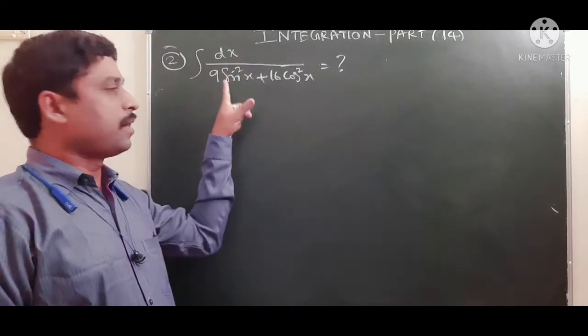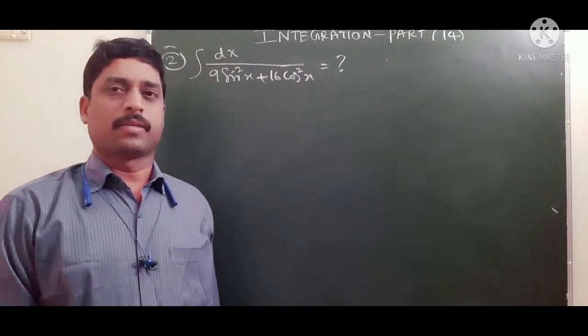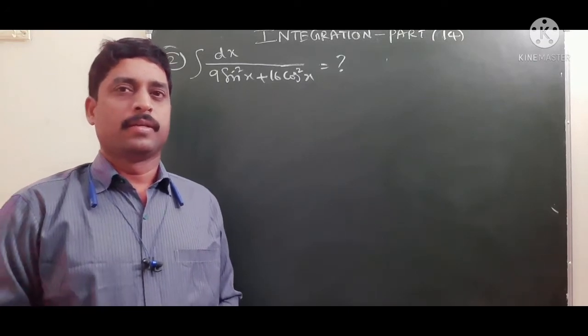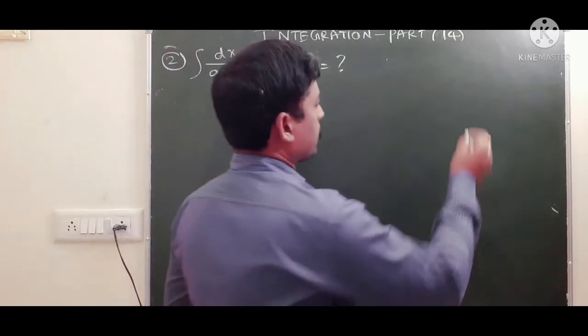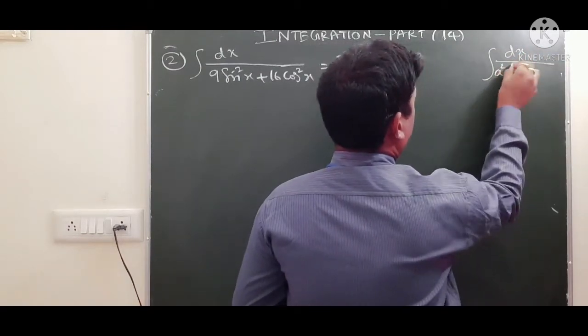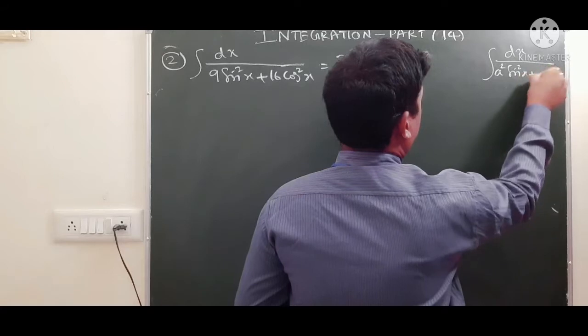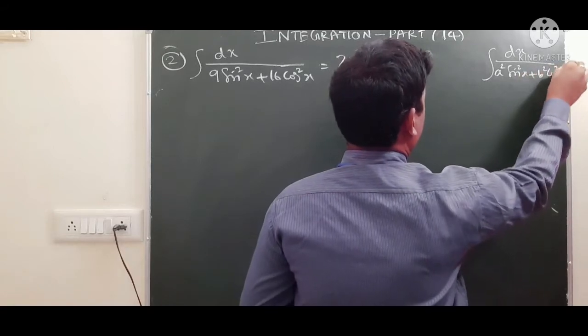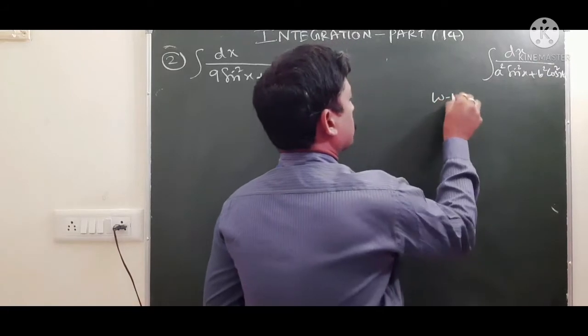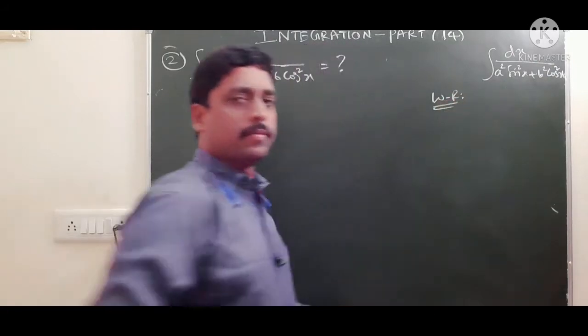Integral dx by 9 sin square x plus 16 cos square x. How can we solve this problem? Okay, this is in the form of integral dx by a square sin square x plus b square cos square x. So what is the working rule?